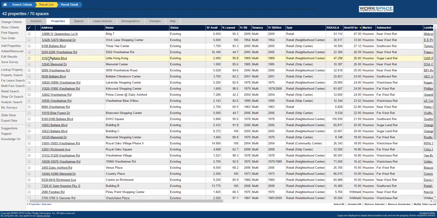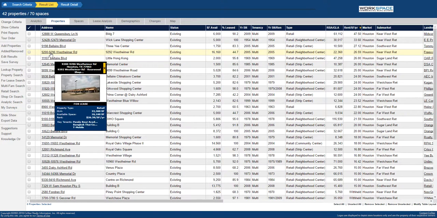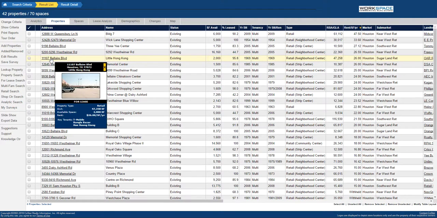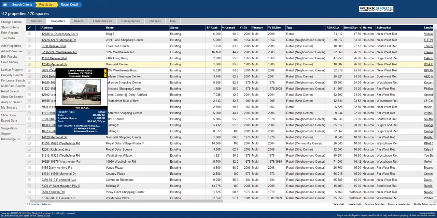All local tenants. 9,200, no big box. All local tenants. That's at $26.59 a foot. Bel Air, no big box, no big draw. This one's at $26 a foot, almost twice as expensive. This one at Memorial Center, $26 a foot. No big box, all local, not as much parking.